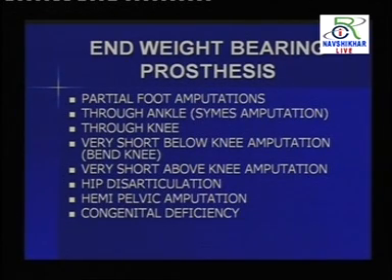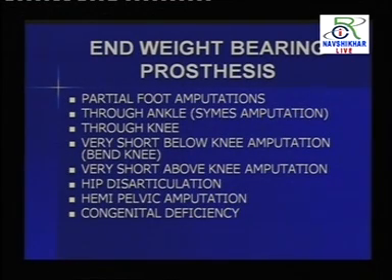After that there is a through knee amputation. So through knee amputation is another amputation which is at the level of the knee, meaning the rest of the knee, half of the knee is amputated. So in that case also we give an end weight bearing prosthesis if it is through knee amputation. And there is another, if it is very short below knee.